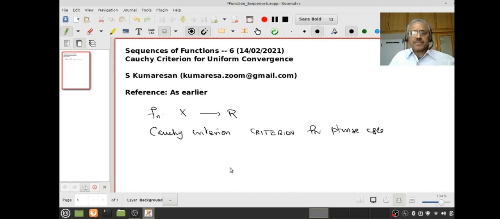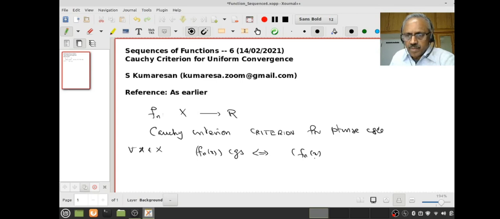What does that mean? That means for every x in X, I want to know whether the sequence fn(x) converges. But because of our knowledge about real sequences, we know this happens if and only if for every x in X, the sequence fn(x) is Cauchy.